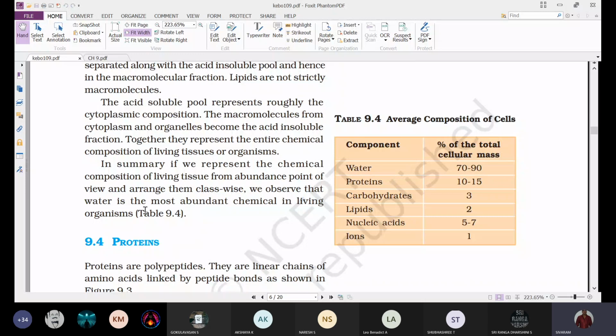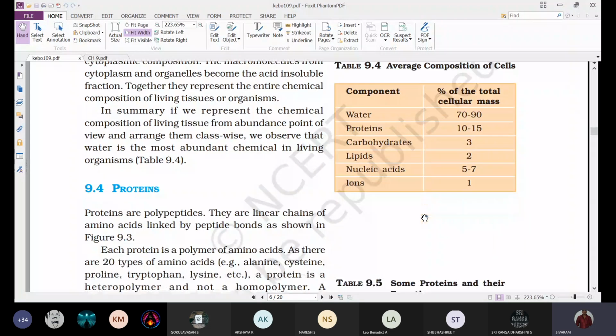Water is also a chemical, H2O. Next to that, other chemical substances are present, and the table here gives it. Water is the most abundant chemical in the cell, tissue or organism.